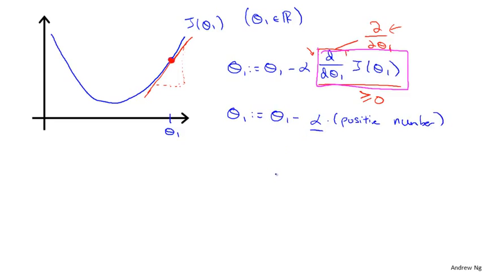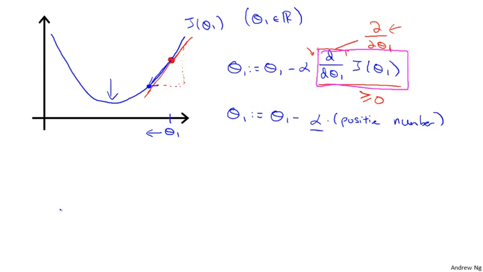So theta 1 gets updated as theta 1 minus something. So I'm going to end up moving theta 1 to the left. I'm going to decrease theta 1. And we can see this is the right thing to do because I actually want to head in this direction to get me closer to the minimum over there. So gradient descent so far seems to be doing the right thing.